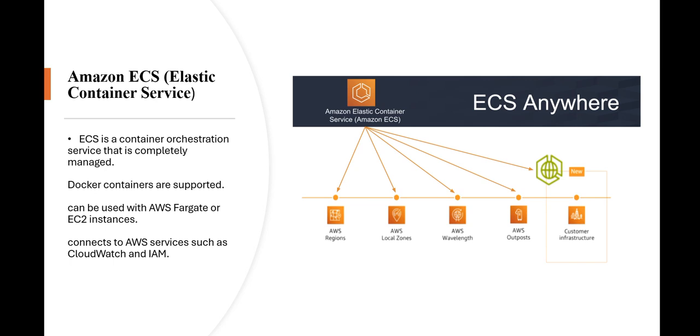ECS is a completely managed container orchestration service. Docker containers are supported, it can be used with AWS Fargate or EC2 instances, and it connects to AWS services such as CloudWatch and IAM. Here you can see ECS Anywhere. From ECS, we can go to AWS Regions, AWS Local Zones, AWS Wavelength, and AWS Outposts, which is AWS infrastructure.